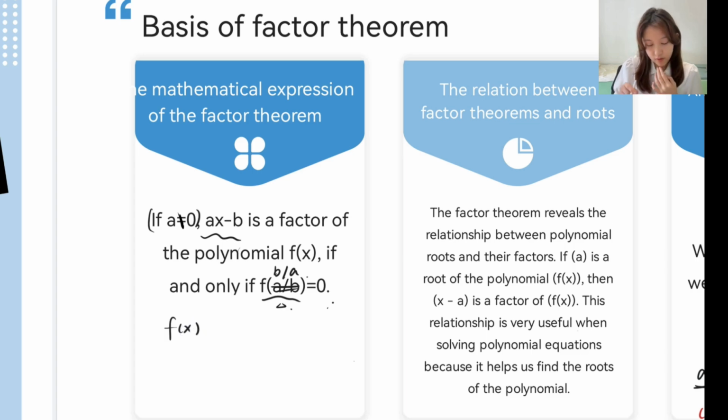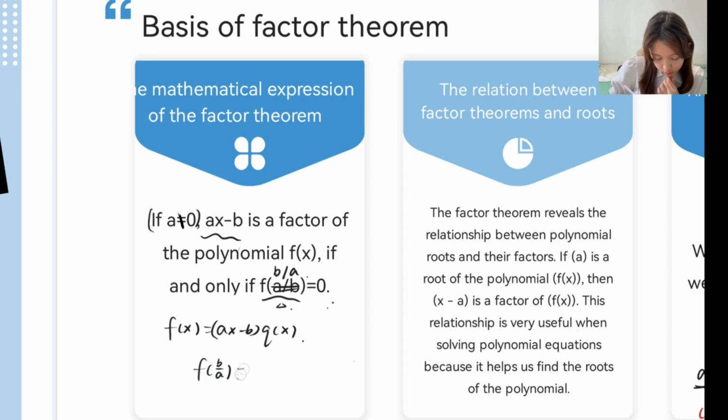If f(x) equals (ax minus b) multiplied by q(x), and f(b over a) equals 0, what does that mean? It means this factor will be 0, right? Then we can know that ax minus b is a factor of f(x).